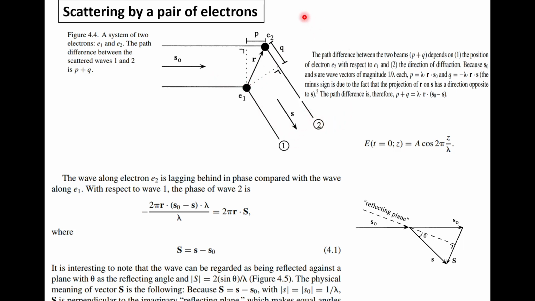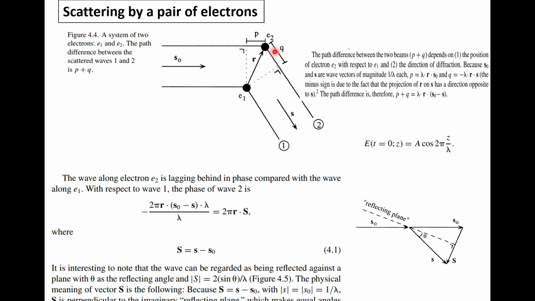So let us look at how much extra path it has to cover, that is P plus Q. Lambda is the wavelength of your X-ray. If you want to define P by simple trigonometry, with a 90-degree angle here, this is your hypotenuse and this is your base.